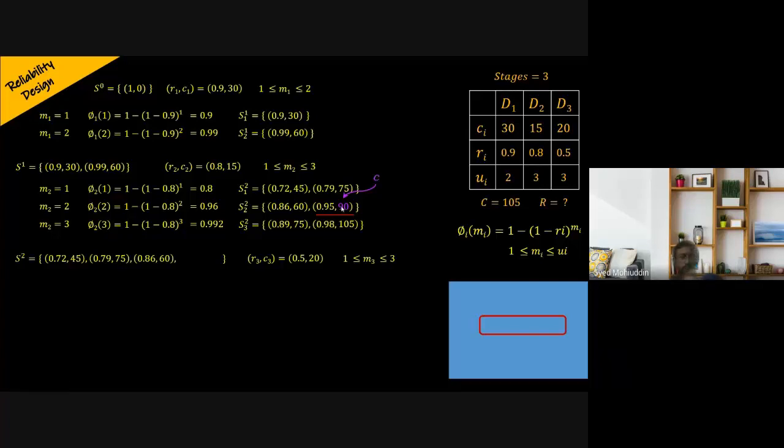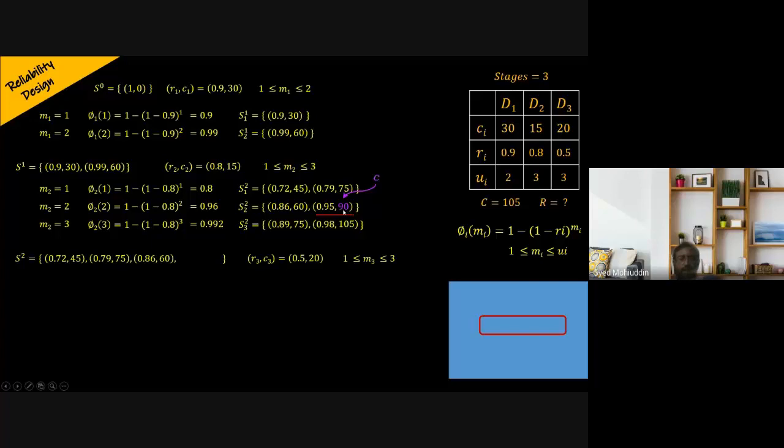Now, the cost of the third device is 20. Obviously, to complete the whole system, I have to include at least one device D3. Otherwise, my system is not complete. So at least one device in each stage has to be included.